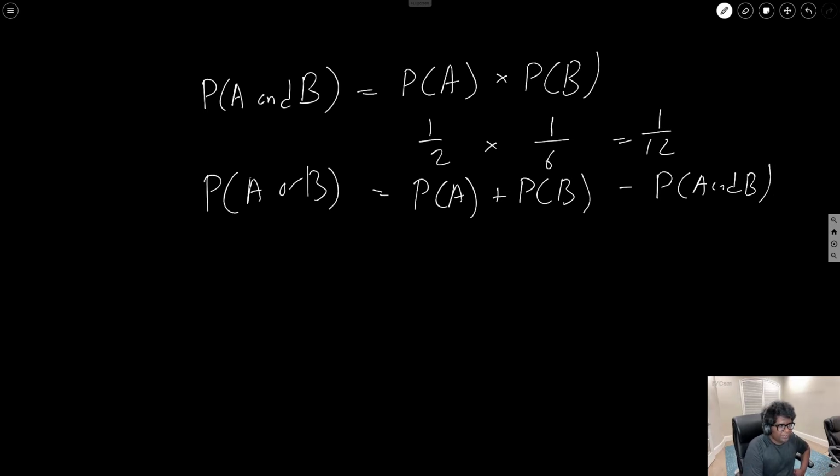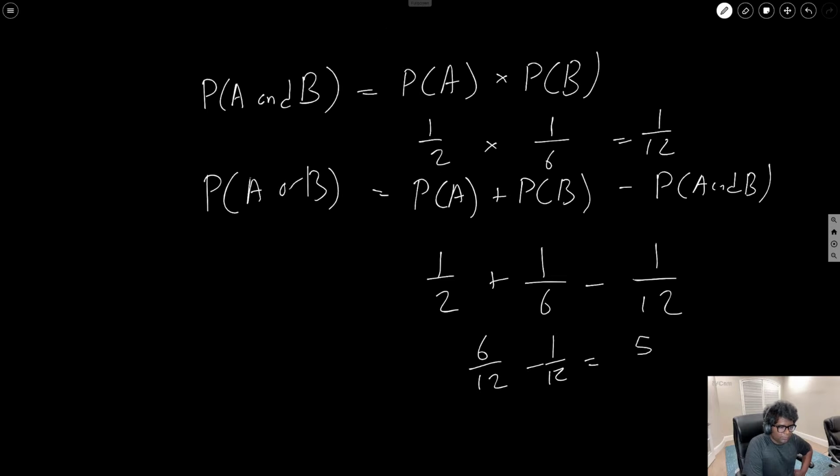You just need to know the equation. Using the coin and die example: 1/2 plus 1/6 minus 1/12. So 1/6 minus 1/12 is 1/12. Then 1/2 minus 1/12, which is 6/12 minus 1/12, gives 5/12.